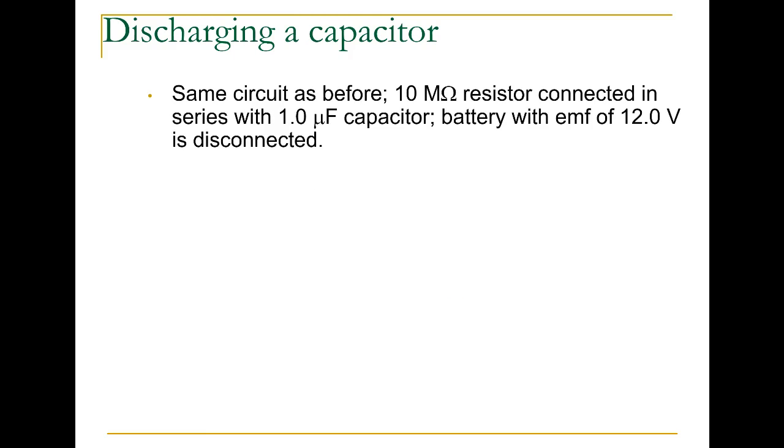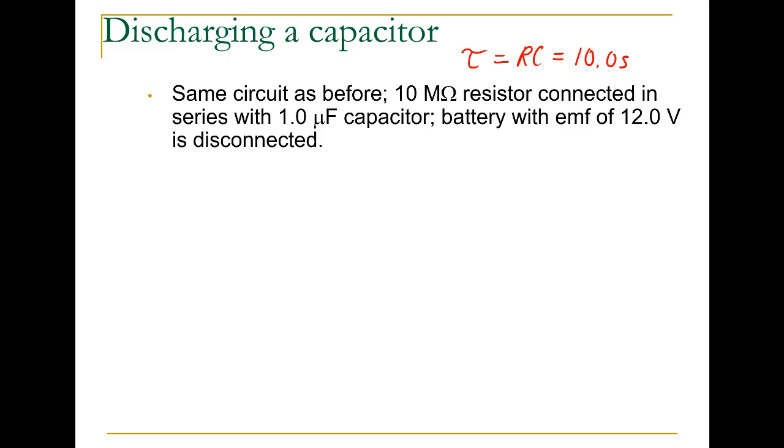All right, so here's an example. Okay, so we have the same circuit as before, where we have our 10 mega ohm resistor connected in series with a 1 microfarad capacitor. So remember, that means that our time constant is equal to RC, which from the previous video is 10 seconds.